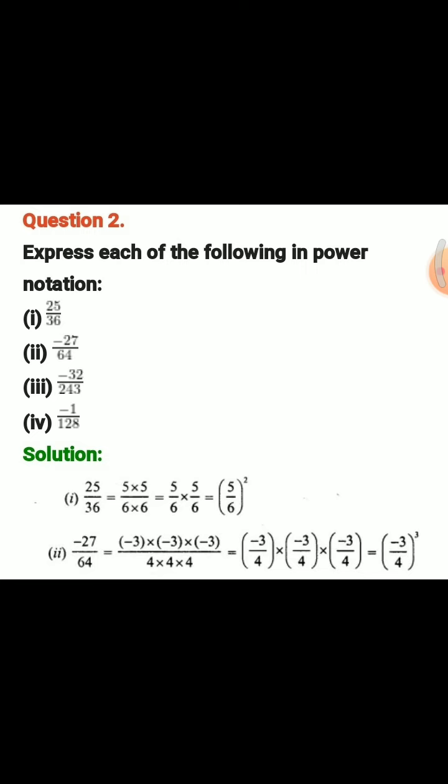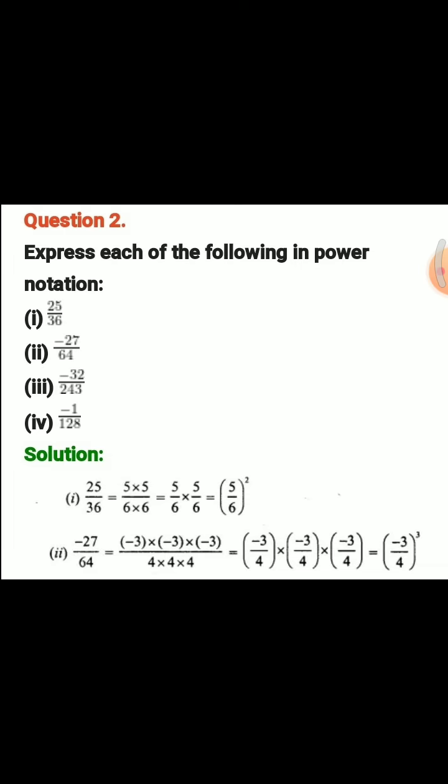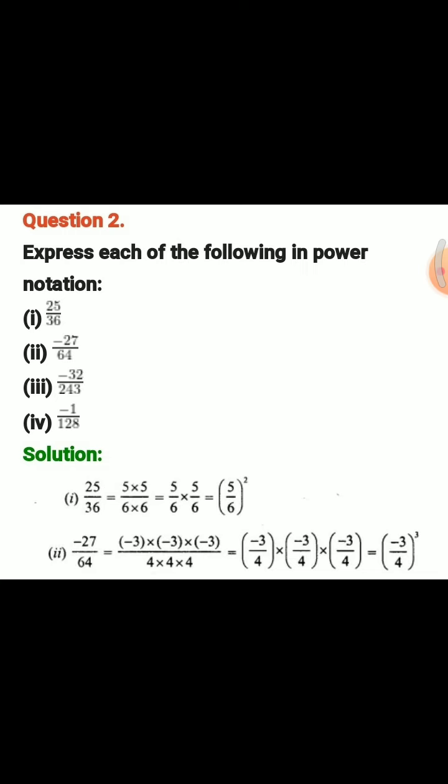Next, minus 27 by 64. So after that, minus 27 is the cube of minus 3 and 64 is the cube of 4. So minus 3/4 multiple minus 3/4 multiple minus 3/4. You write minus 3/4 one time and after that you give the power. Means how many times does it come? So 3 times means power 3. Okay.